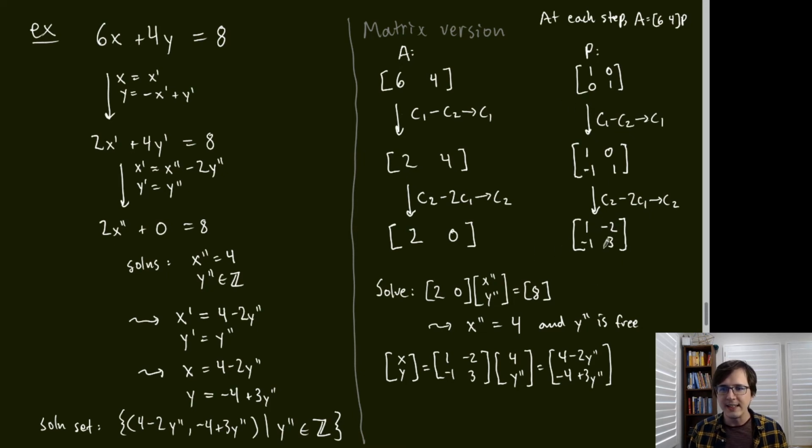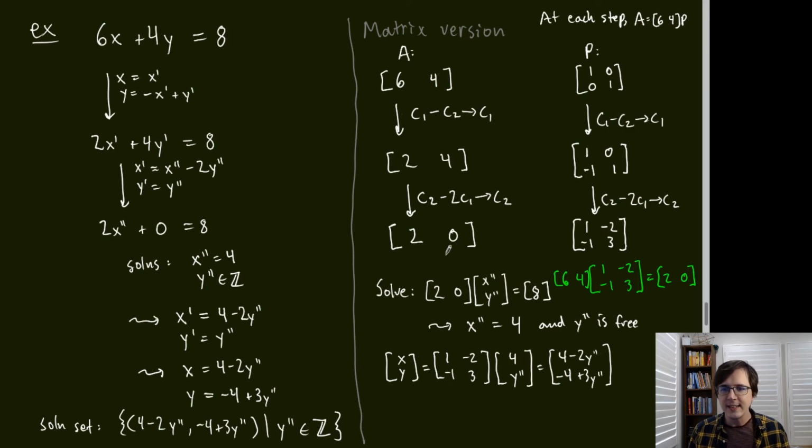And we can indeed check that the matrix (1, -2; -1, 3) times (6, 4): 1 times 6 minus 1 times 4 is 2, and minus 2 times 6 is minus 12, plus 3 times 4 is 12, so that's 0. Great. So that worked out.